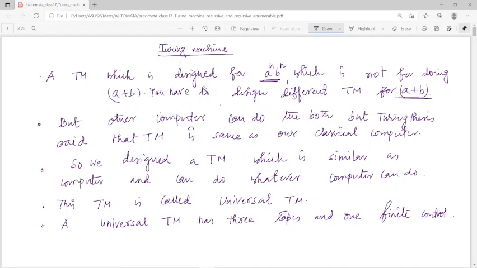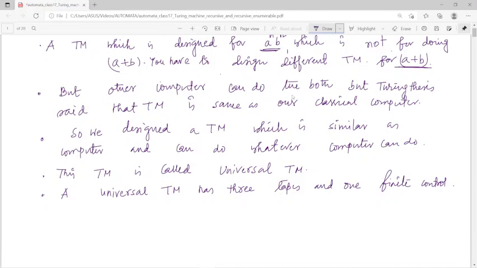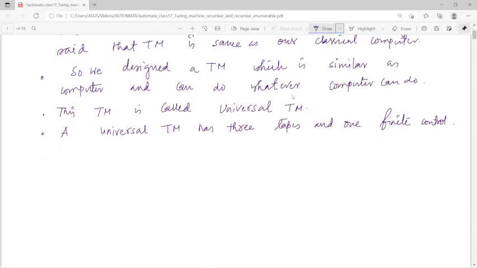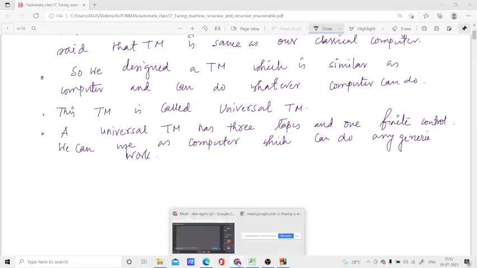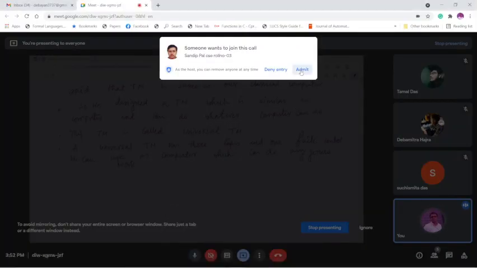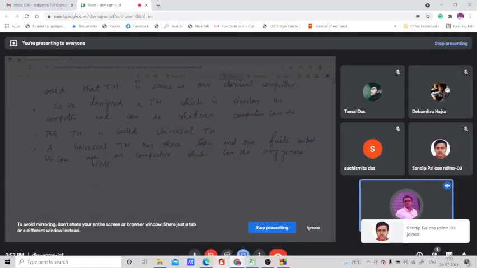So I can use it as a computer which can do any generic work. That is the universal Turing machine.